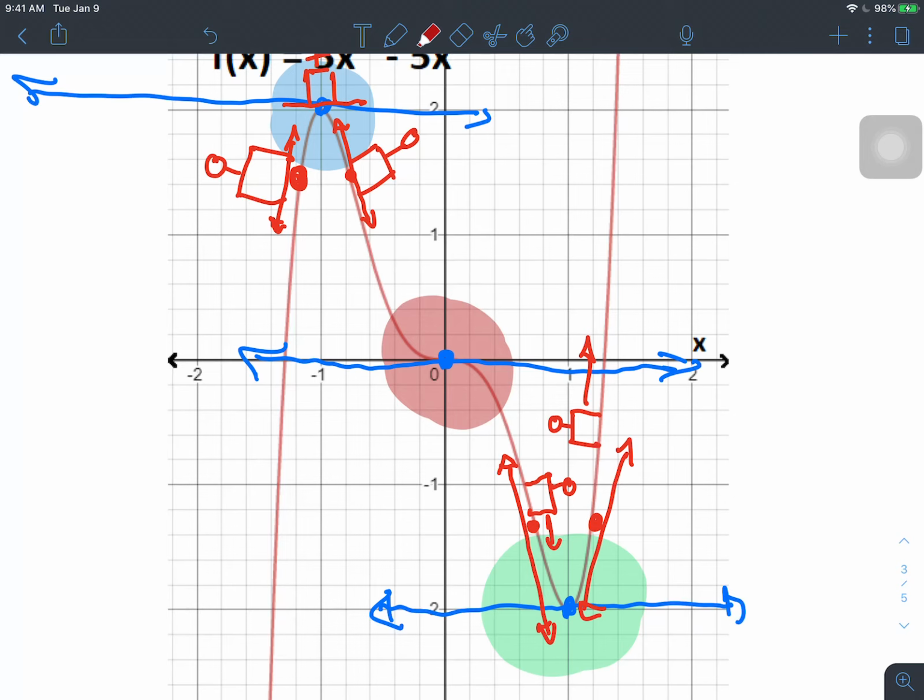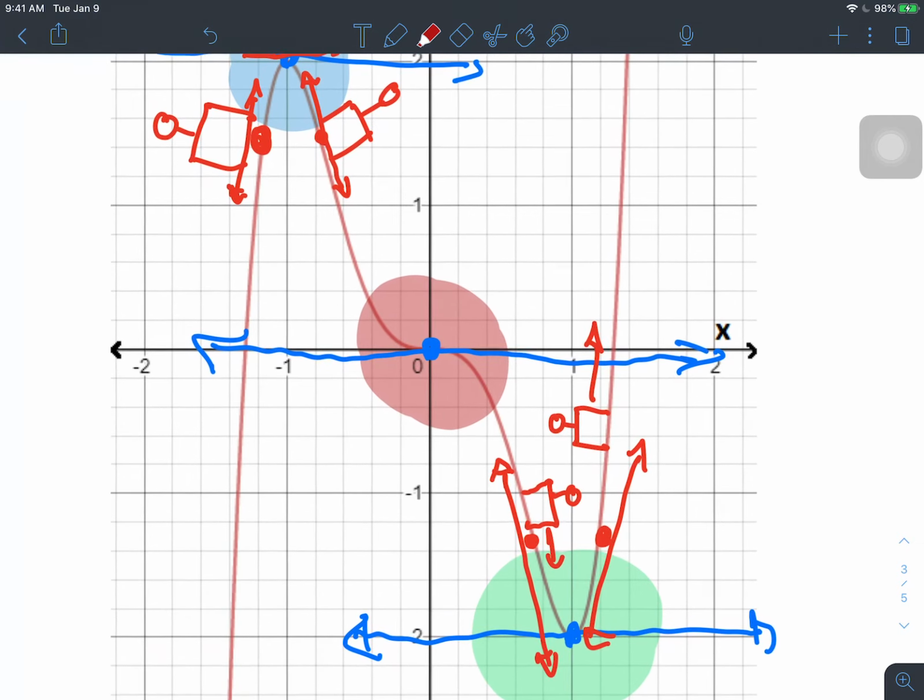Or neither? Yeah? It's going to be neither. If I'm riding my roller coaster, I'm going down, down, down, down, down, and then I kind of bottom out a little bit, but then I start going down some more. That's what's happening here.